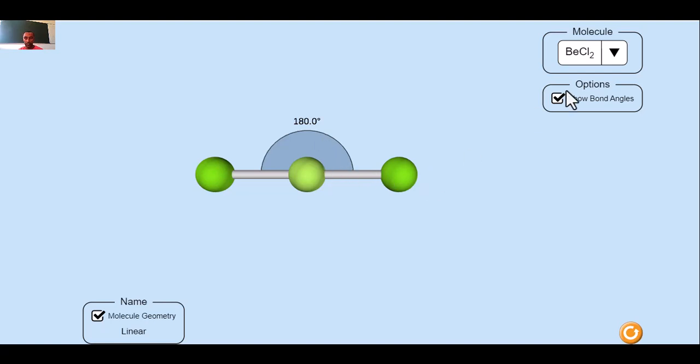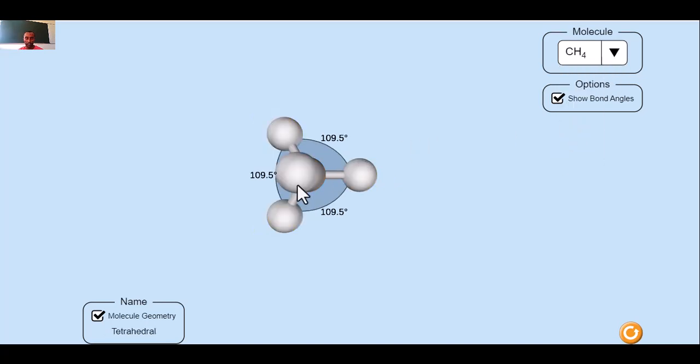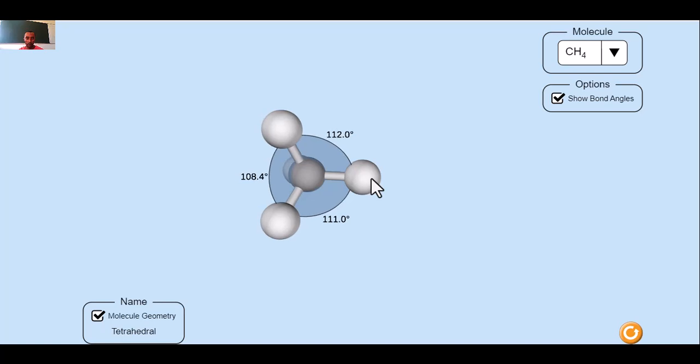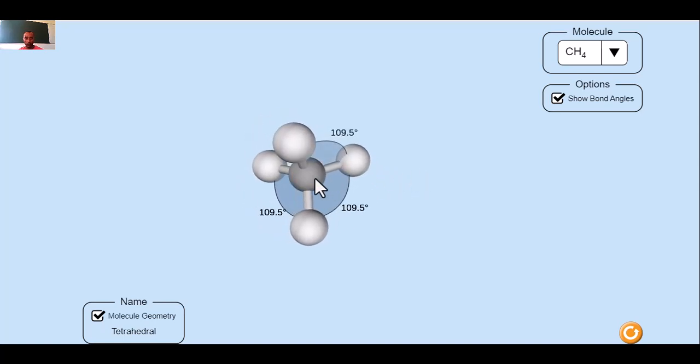And if the central atom is surrounded by 3 atoms and there is no lone pair at the central atom, this molecular geometry is considered trigonal planar. Example, boron trifluoride. Another: if the central atom is surrounded by 4 atoms and there is no lone pair at the central atom, this geometry is called tetrahedral.